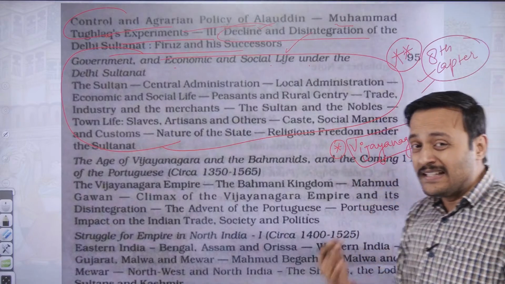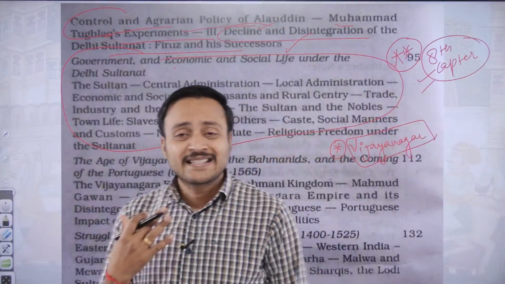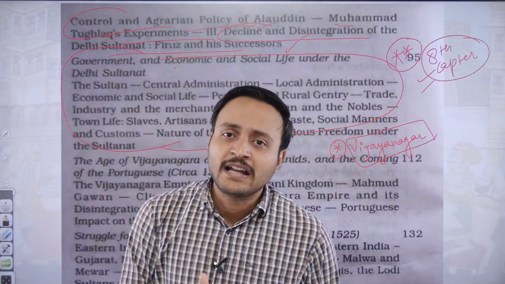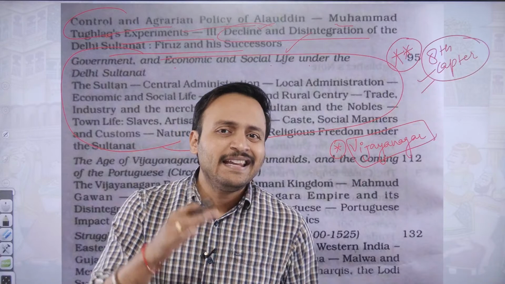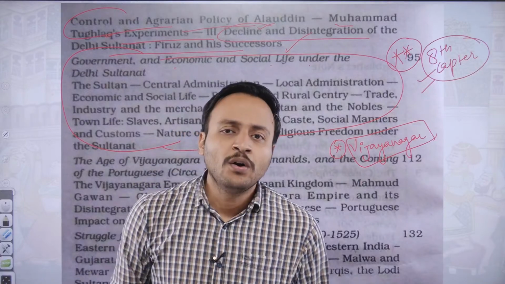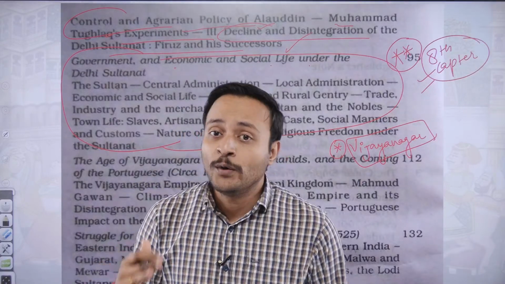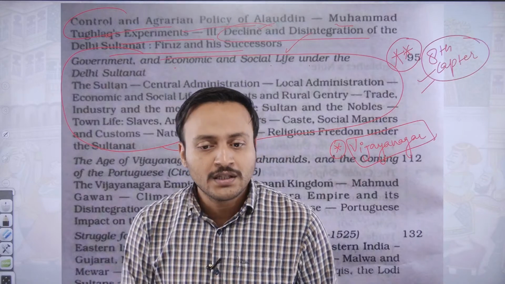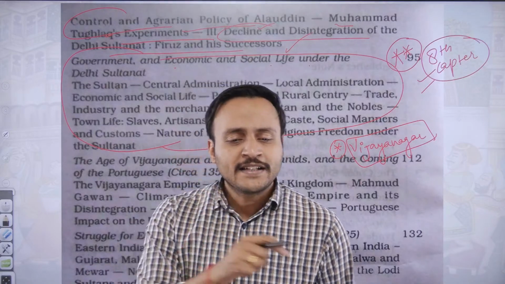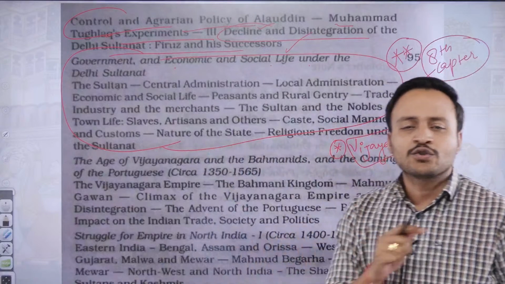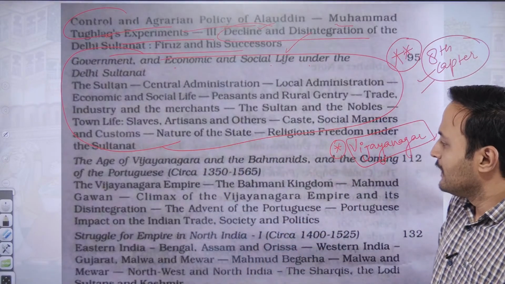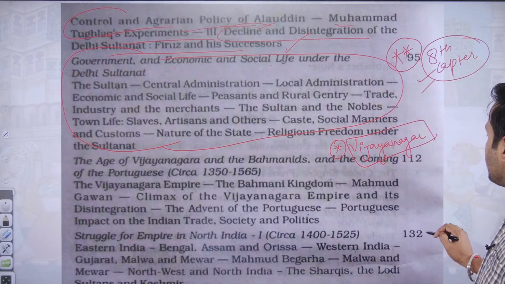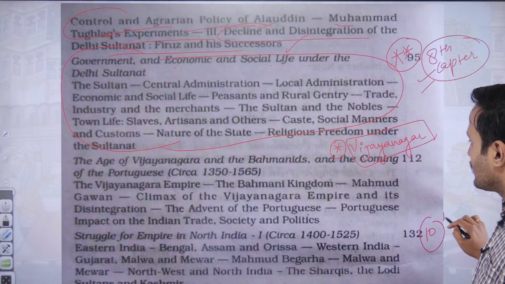Because of their extensive reforms, elaborate art and architecture, and extensive impact on the people, society and culture during the rule of Krishna Dev Raya, who is regarded as one of the great rulers of the medieval period. So Vijayanagar is a really crucial topic for medieval history. Okay, everyone.